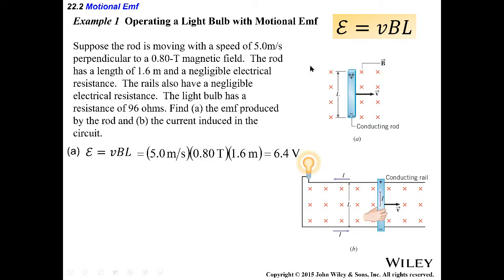So EMF is not exactly a Newtonian force due to the fact that you exert a certain force on this rod. Instead, it is simply the electric potential difference between this end of the rod and this end of the rod due to this motion V. So, just to get a set of numbers, it is 6.4 volts.